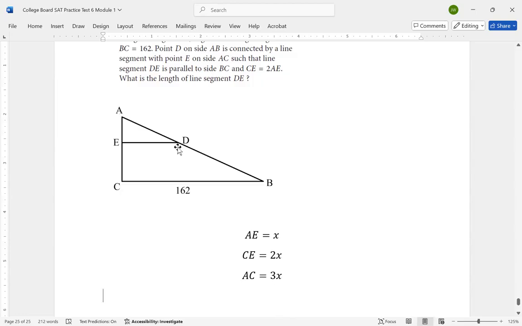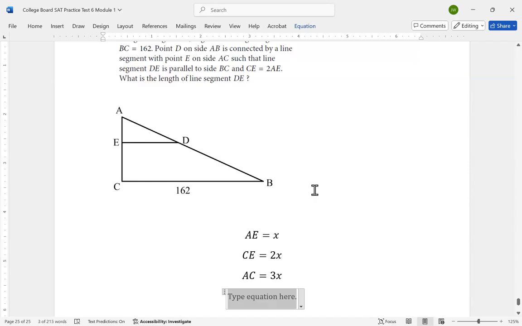So AC is 3X. And that means that in this right triangle, all of the sides of the bigger triangle are going to be 3 times the side length of my smaller triangle. Hopefully that makes sense.